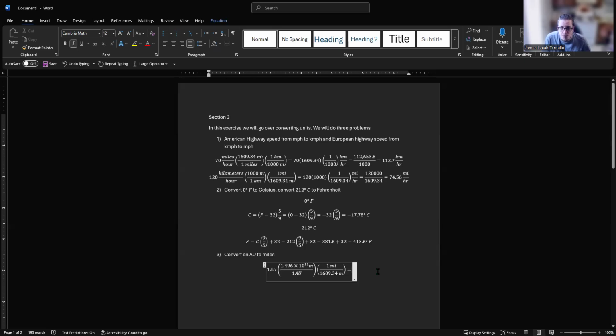And so when we make this just a math problem, we can see that we have this really large number times 1, which is still this really large number, divided by this number.